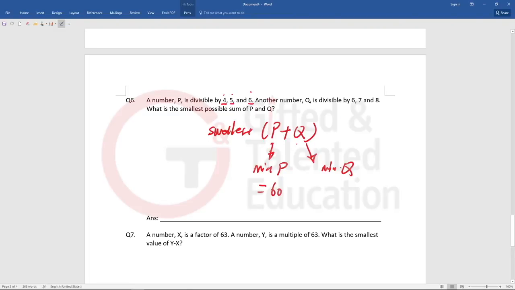And the smallest possible value of Q, which is divisible by 6, 7, and 8, would be 168. Therefore, the smallest possible sum of P and Q would be 60 plus 168, giving us a total of 228.